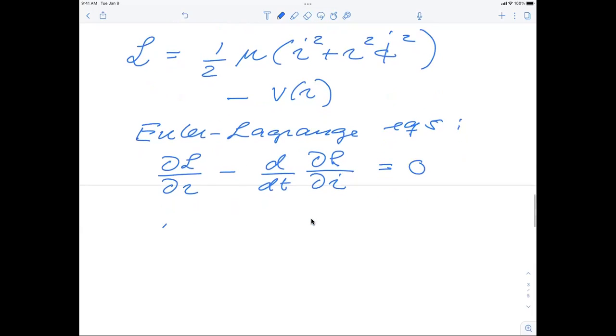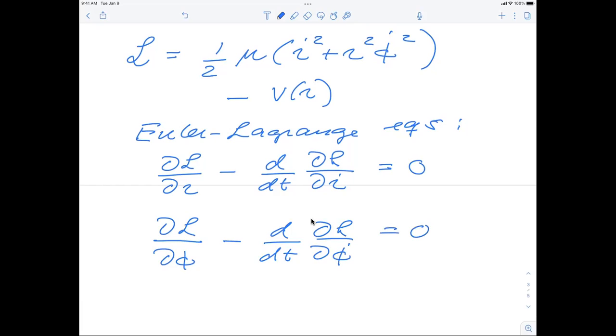Then we also have another equation which depends on the angle phi, containing d dt of dL with respect to the angular velocity, and that has to be equal to 0.